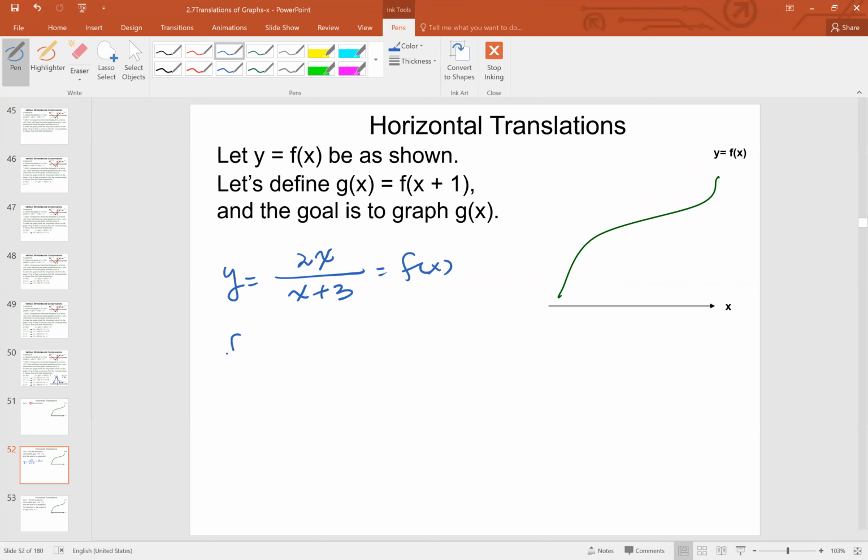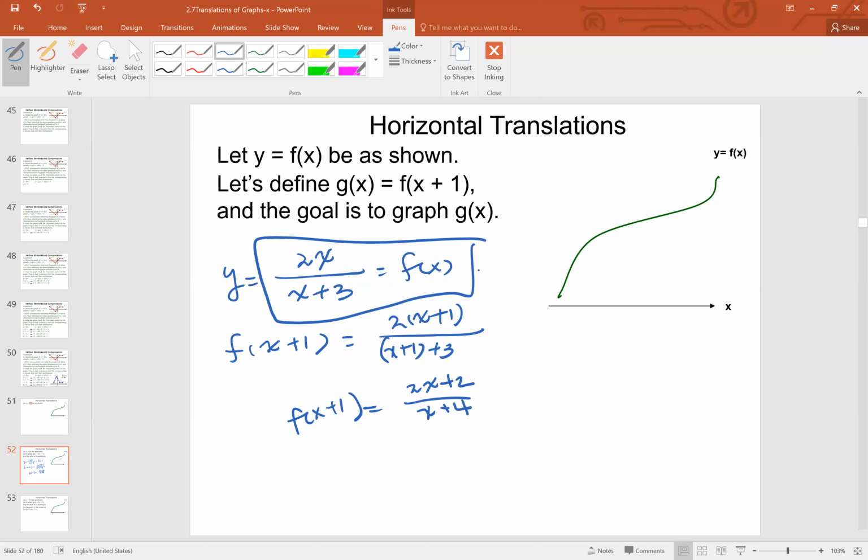Then I can replace x by x plus 1, so all the x's are replaced by x plus 1: 2(x plus 1) plus 3, and the cleaned-up, expanded version is 2x plus 5. So this will be f of x plus 1. This is f of x, and this is f of x plus 1.